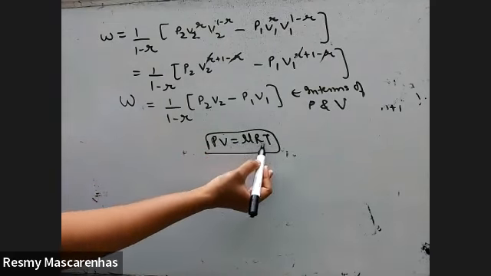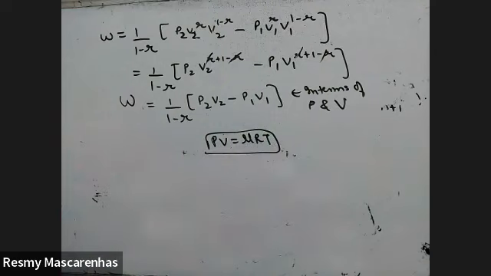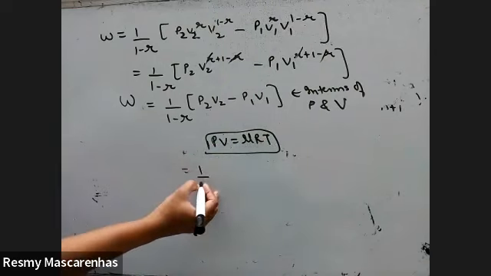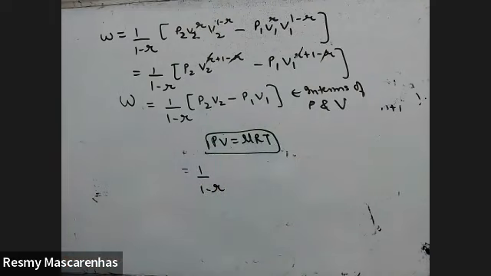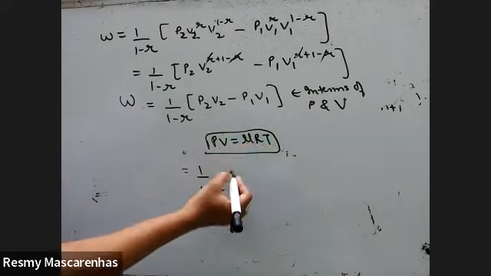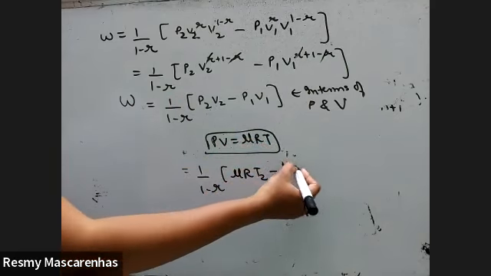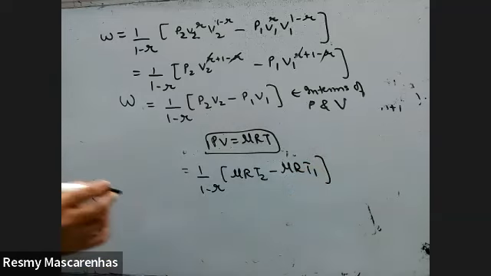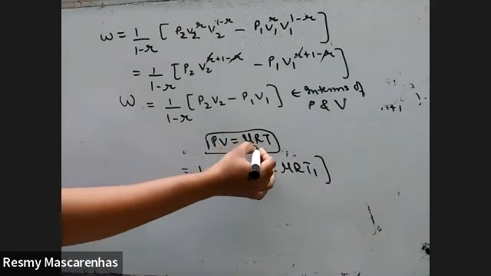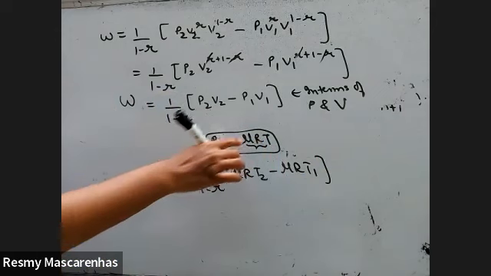P2 V2 will be mu RT2, and this will be mu RT1. Mu R is anyway constant. Don't change this because they are constant. Gas constant will always remain the same.